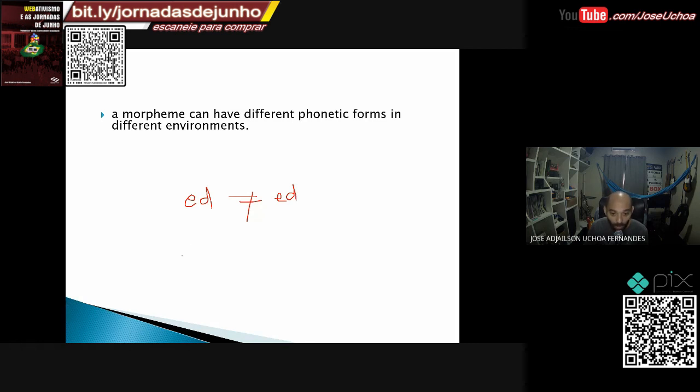But the next step is to prove to you that an is equal to ear, which is equal to in, which is equal to this.